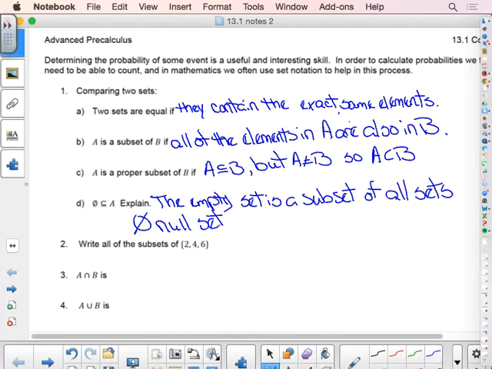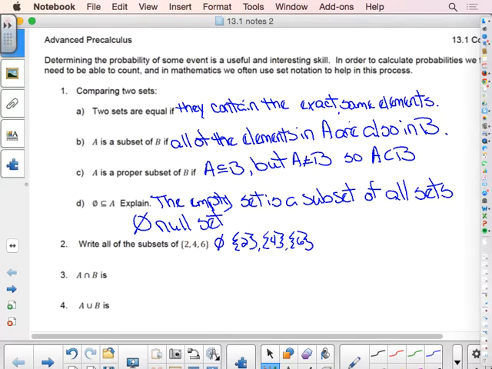So when we look at number 2, it says, what are all the subsets of the set that contains the elements 2, 4, and 6? So from above, we know that the first one will be the empty set or the null set, the subset that contains just 2, just 4, and just 6.